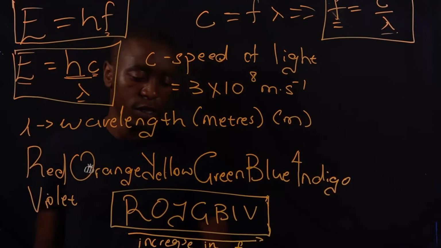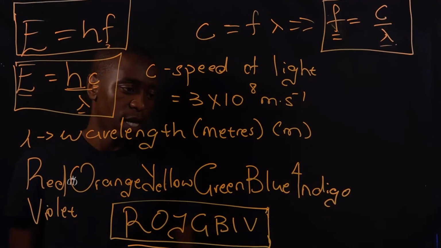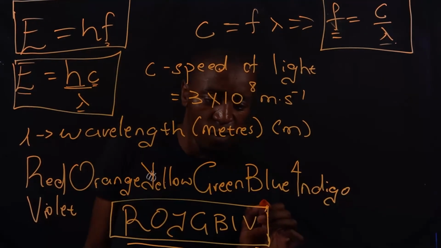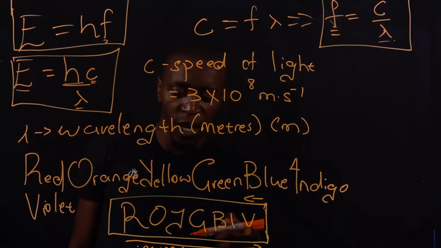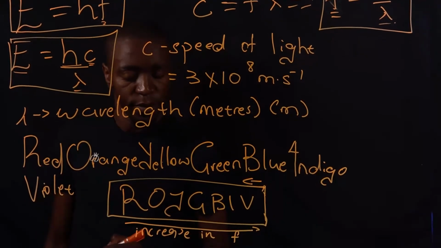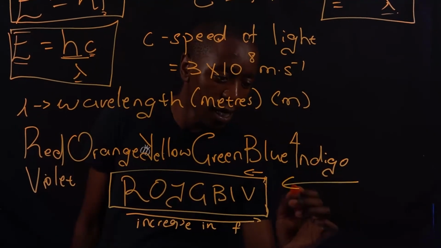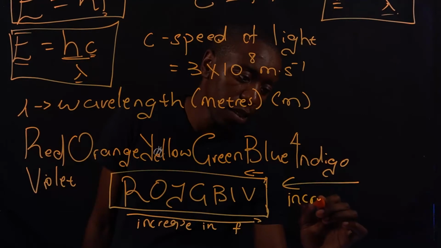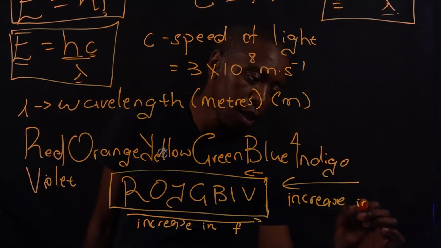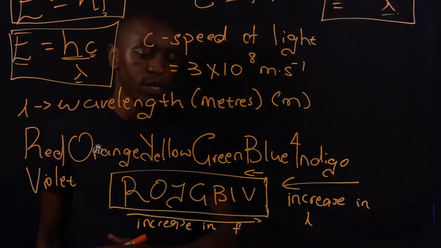In frequency. That's if we move in this direction. But if we move from violet to red light, in that direction, it's an increase in wavelength.